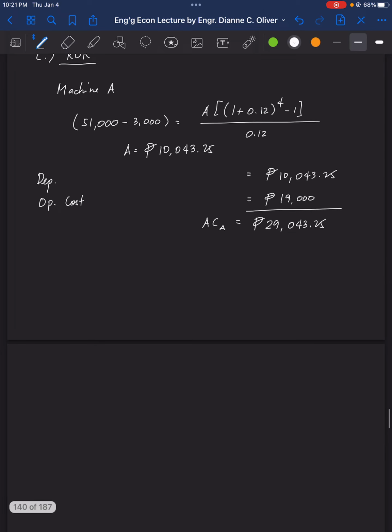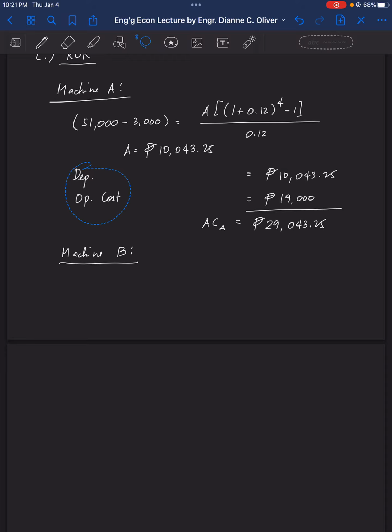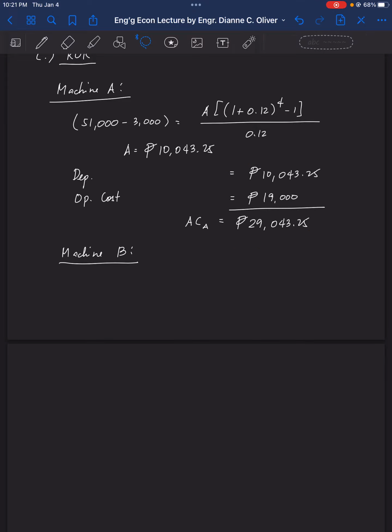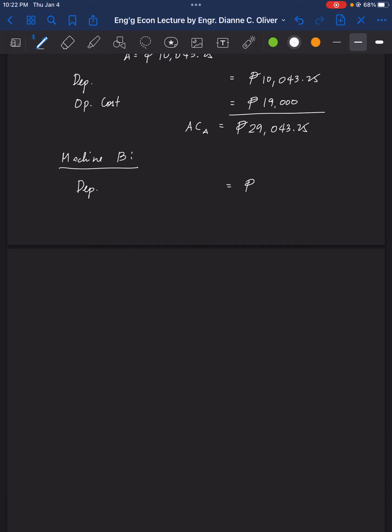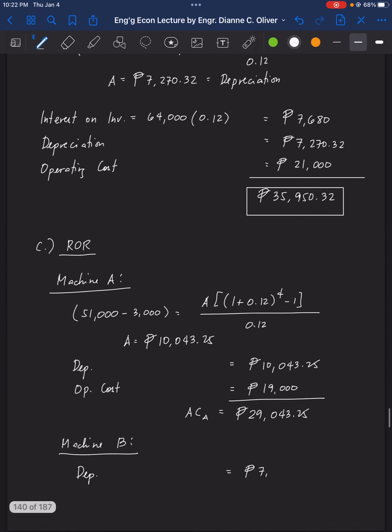So that's machine A. For machine B, depreciation for machine B, we have 7,000.